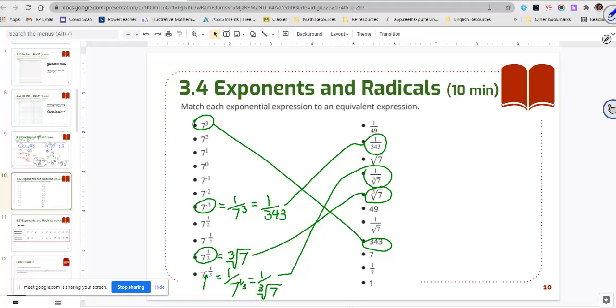So 2 big rules that we keep on using over and over here. A base to a negative exponent pushes that base and exponent down to a denominator.